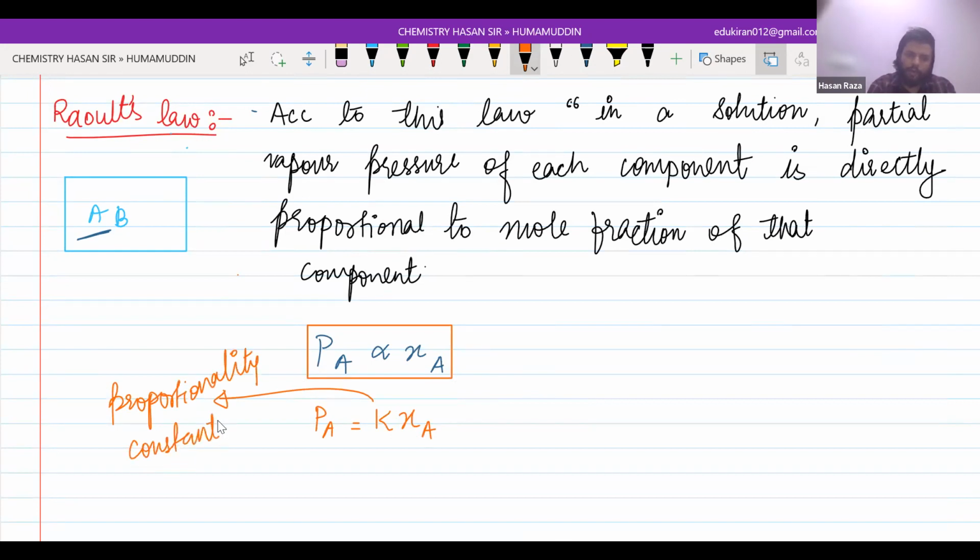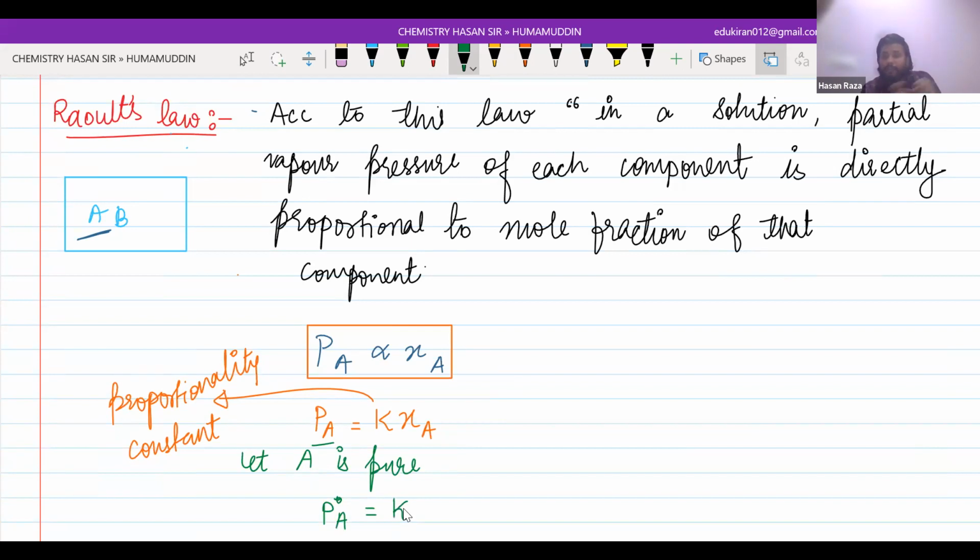Now, what is this K? To know what this K is, let's say A is pure. When A is pure, this partial pressure will be written as P naught A, right? Yes or no? When A is pure, it will be written as P naught A, and K will be as it is.